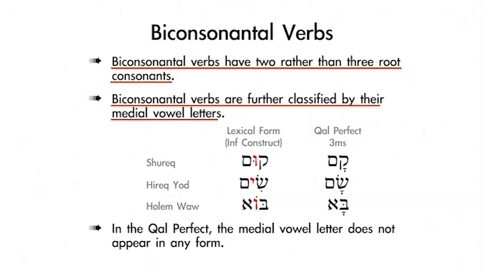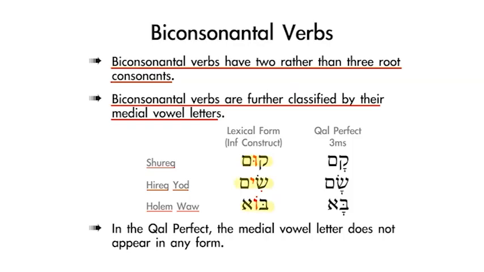Now, you'll learn in your vocabulary that the lexical form for a biconsonantal verb is the infinitive construct, not the qal perfect form as with other verbs, and that there are 3 classes of biconsonantal verb: the Shureq biconsonantal verb, the Hireq Yod biconsonantal verb, and the Holem Waw biconsonantal verb, or the U class, I class, and O class, each characterized by the medial vowel letter you see highlighted here in red with qum, shiv, or bo.